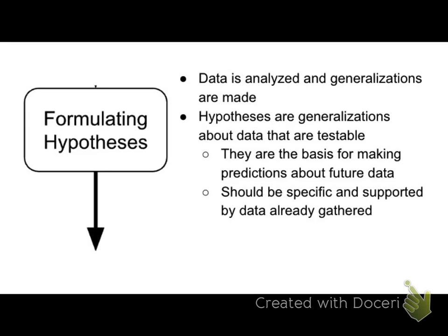So, for example, let's say I gathered data about the number of sick hogs in the state of Nebraska. Okay? If I was going to make a hypothesis about it, it wouldn't be okay to just say there are more sick sows than there are sick boars, right?